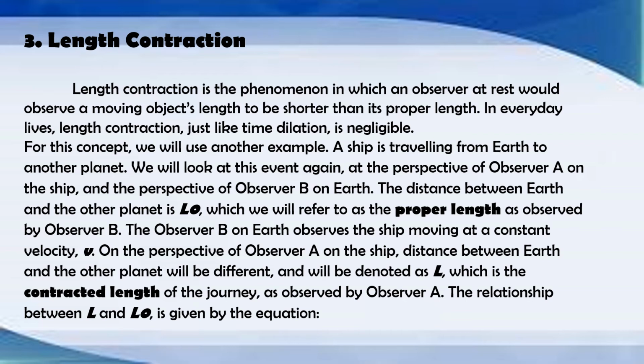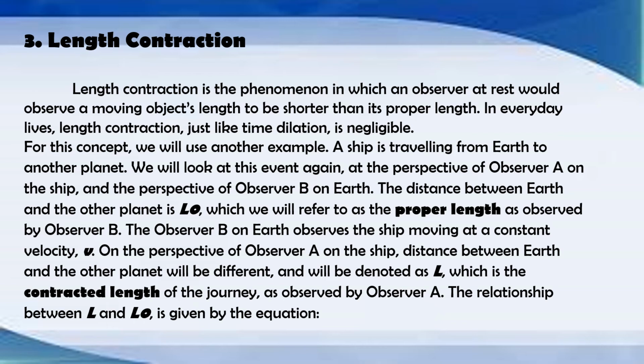So observer B on Earth observes the ship moving at a constant velocity. From the perspective of observer A on the ship, the distance between Earth and the other planet will be different and will be denoted as L, which is the contracted length of the journey.